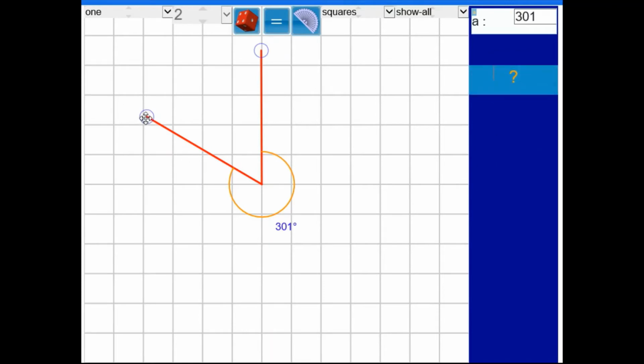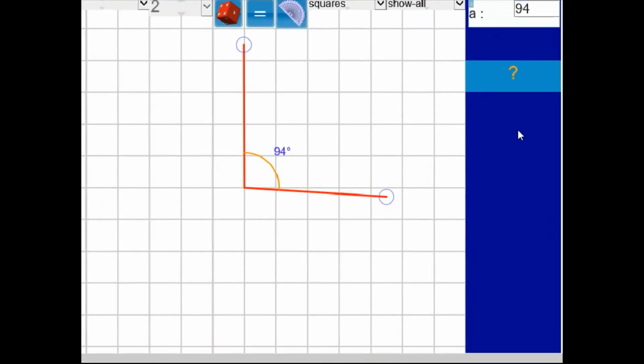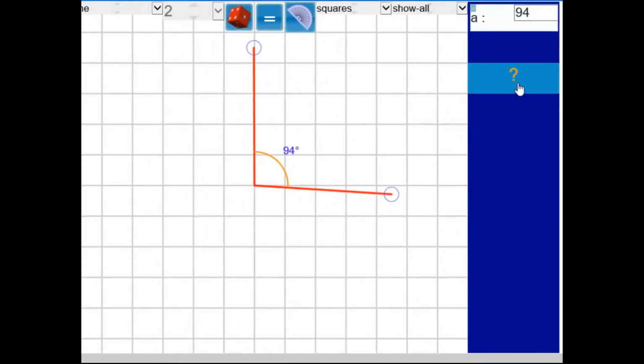Okay, what about this one, 94 degrees? It is an obtuse angle again, because it is greater than 90 degrees. Even though it's only slightly greater, it is greater than 90 degrees. So it's an obtuse angle.